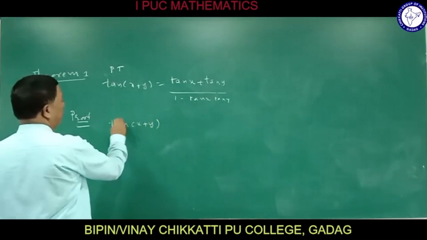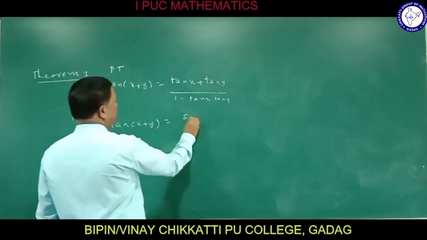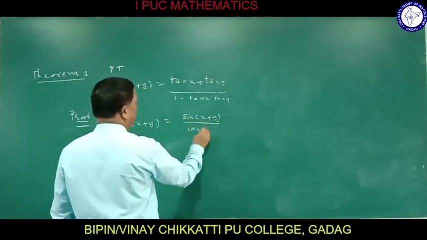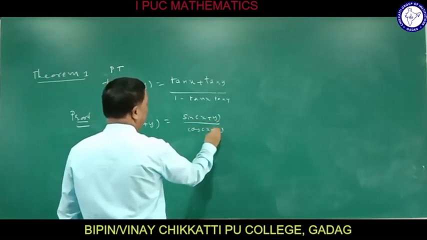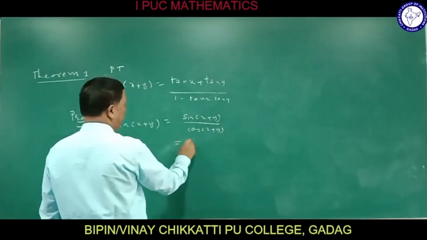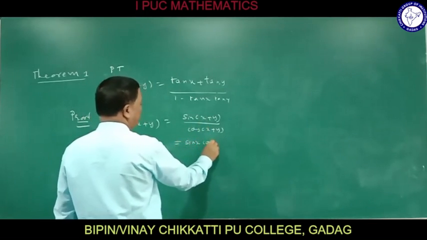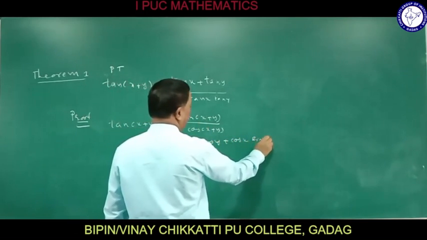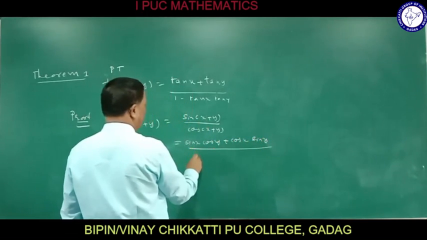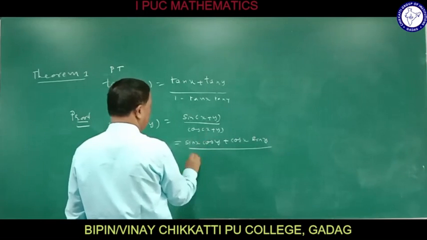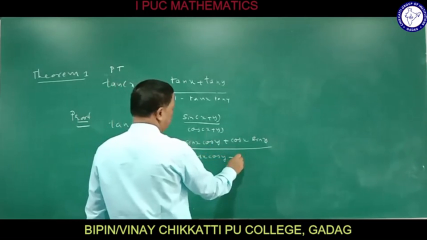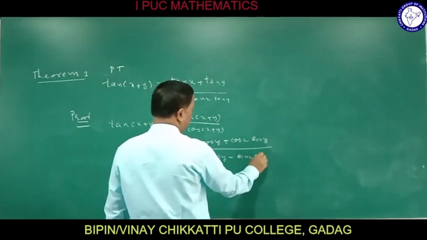Tan of x plus y is equal to sin of x plus y divided by cos of x plus y. And you know the sin of x plus y formula, sin x cos y plus cos x sin y. This is a formula that is already proved, divided by cos of x plus y, which is cos x cos y minus sin x sin y.